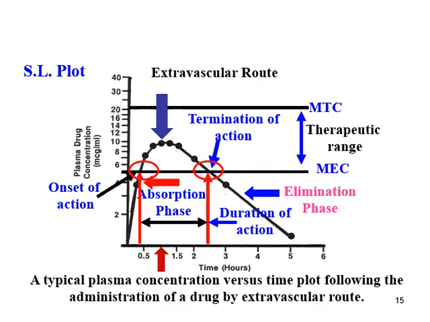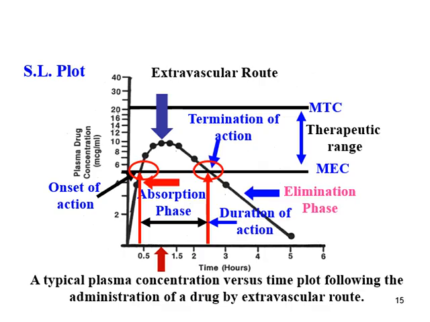Why do we call the two points onset and termination? Because after the termination of action, the plasma concentration is lower than MEC, so at that moment the plasma drug concentration is not in the therapeutic range. And before the onset of action, there is also no acceptable therapeutic effect, because the concentration is lower than the MEC.